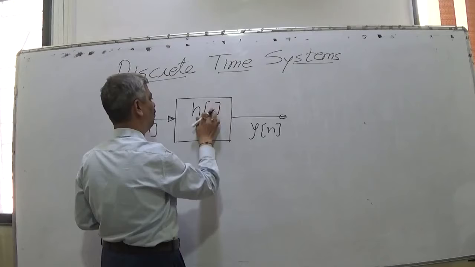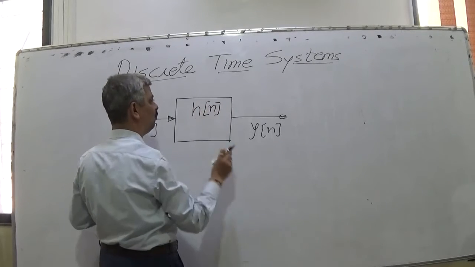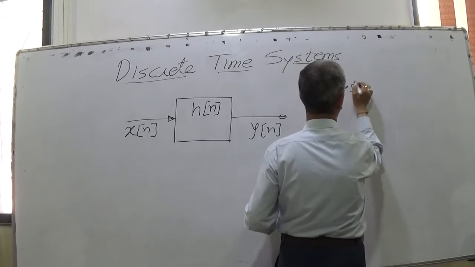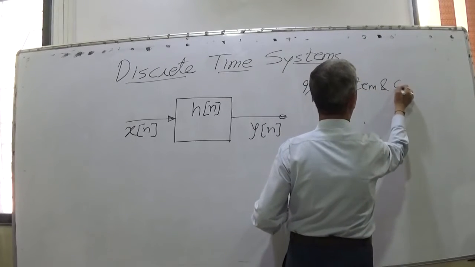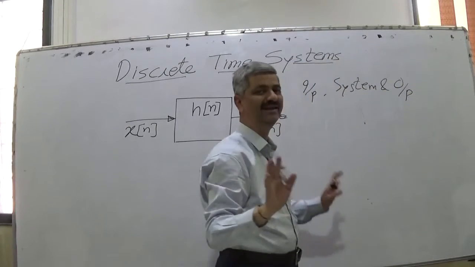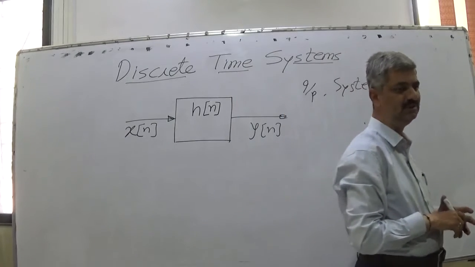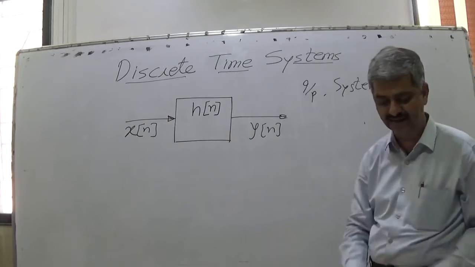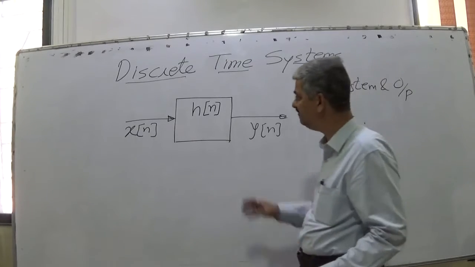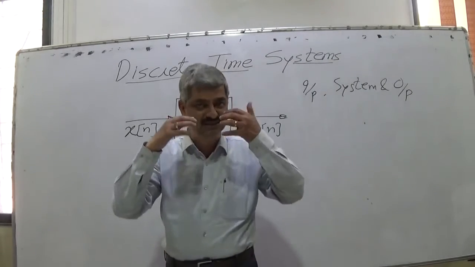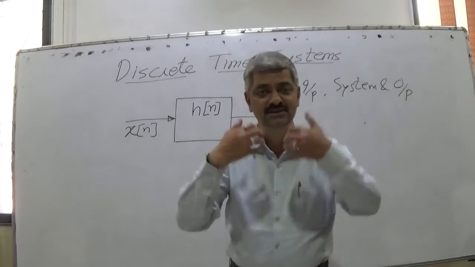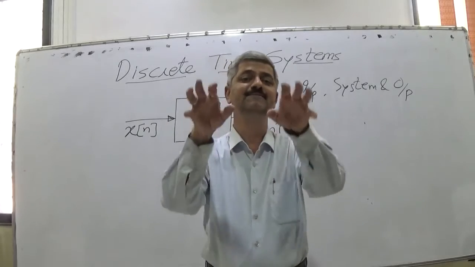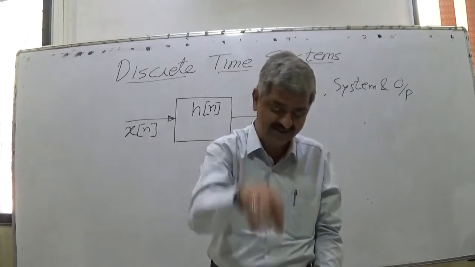So this I can call as hn also. Input, system and output all are sequences. So what is a system? A sequence which describes how the system acts on current and previous inputs is the system.